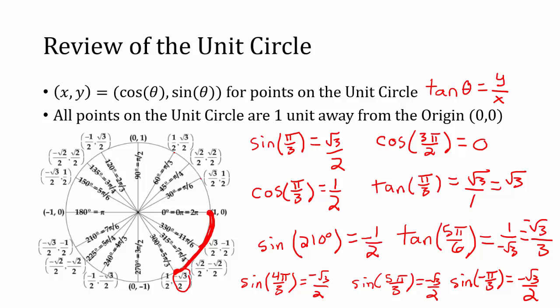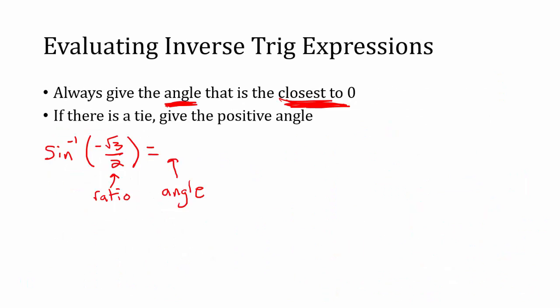And that angle, negative pi over 3, of my three choices here, that's the angle that's closest to 0. So that's what we're looking for with inverse trig. We're looking for the angle closest to 0 that produces that ratio. And I guess if there's a tie, get the positive angle.